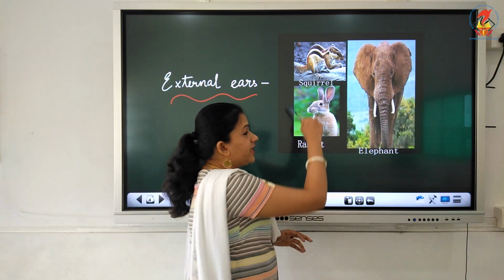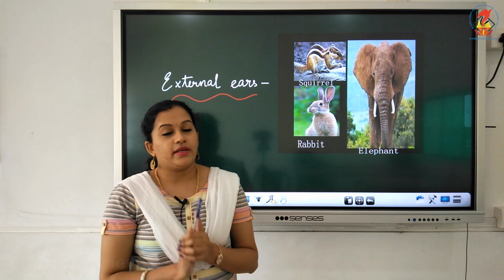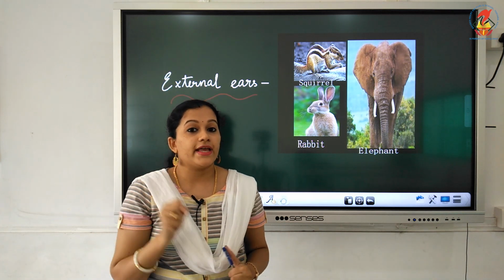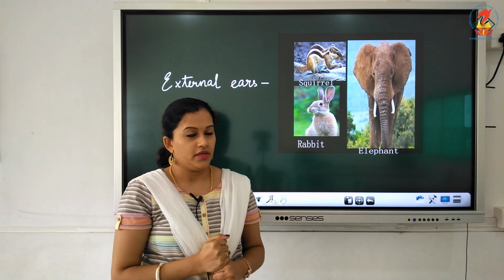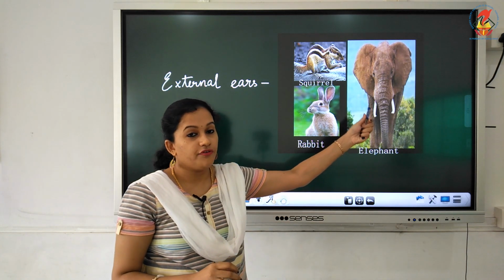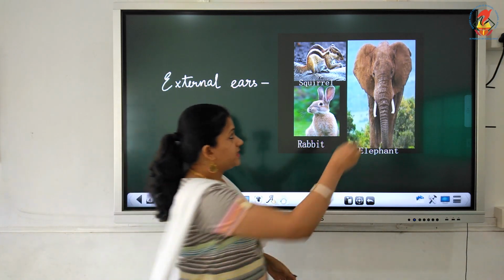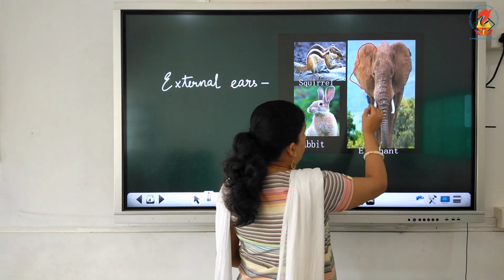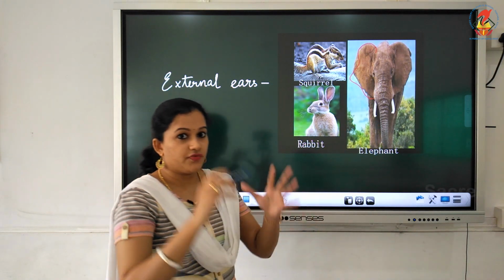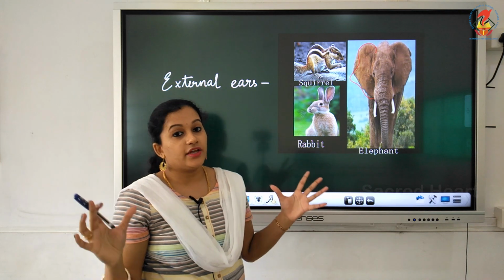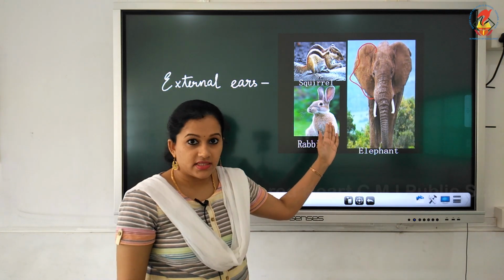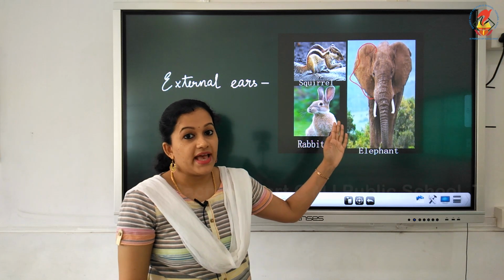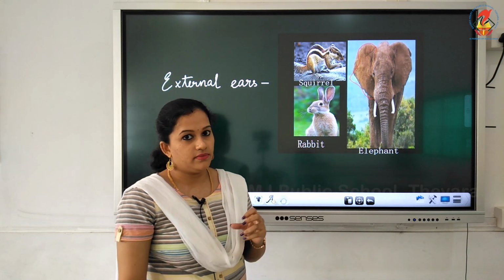So, if you look at the external ears of animals, children, all the animals have different kinds of external ears. If you look at the ear of an elephant, the elephant's external ear is fan-like, isn't it? It's very large and it's like a fan. Whereas a rabbit has long external ears.